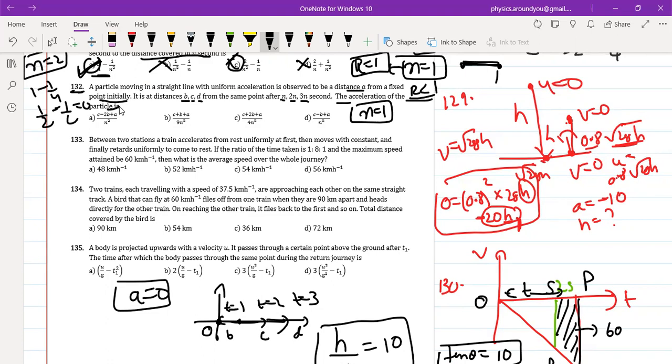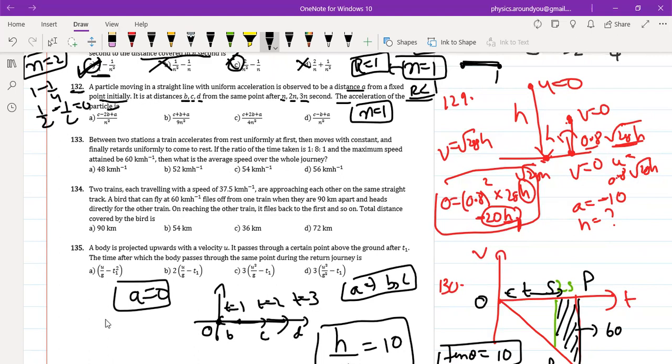I have put a as 0. If I put a as 0, you look at the options, there is no mention of d anywhere. d is not there. So how can I express acceleration in terms of only b and c?